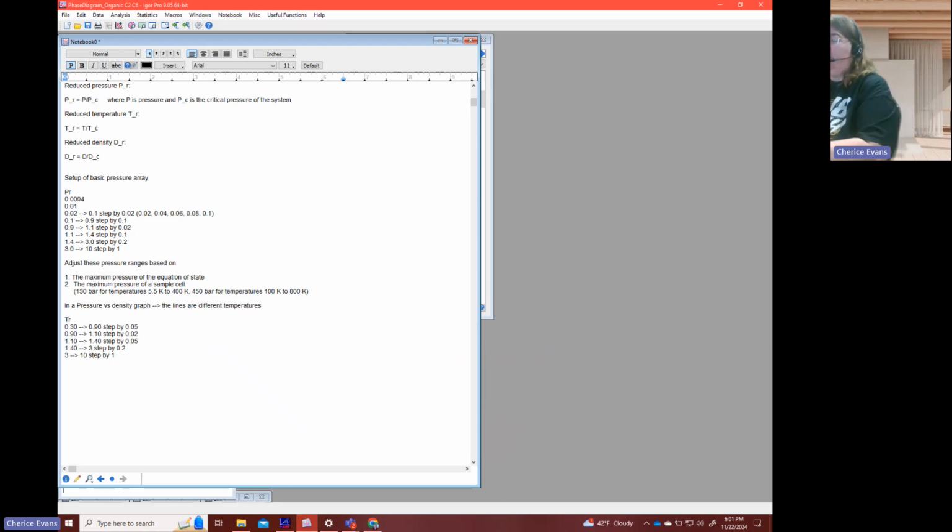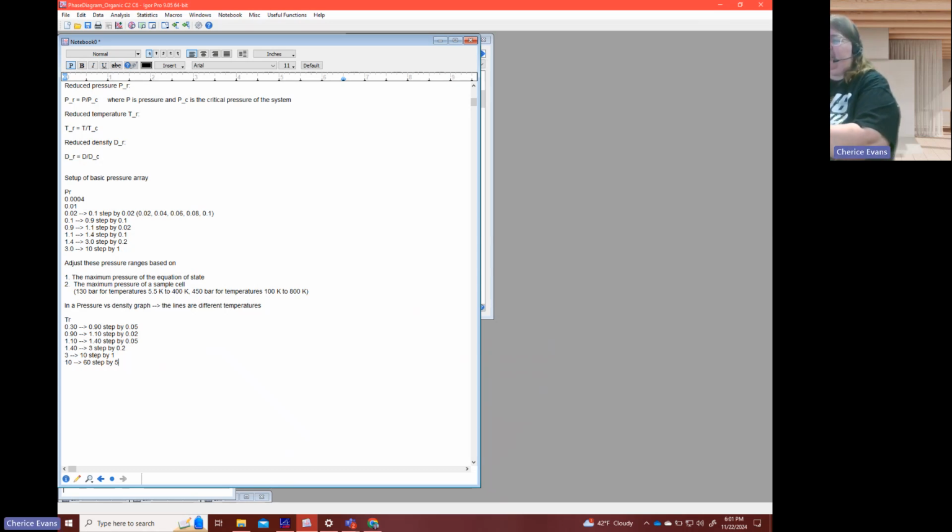The coldest critical temperature is helium. Helium's critical temperature is 5.19, which is a reduced density of 57. So after 10, if I need to, I'll go from 10 to say 60, step by 5.